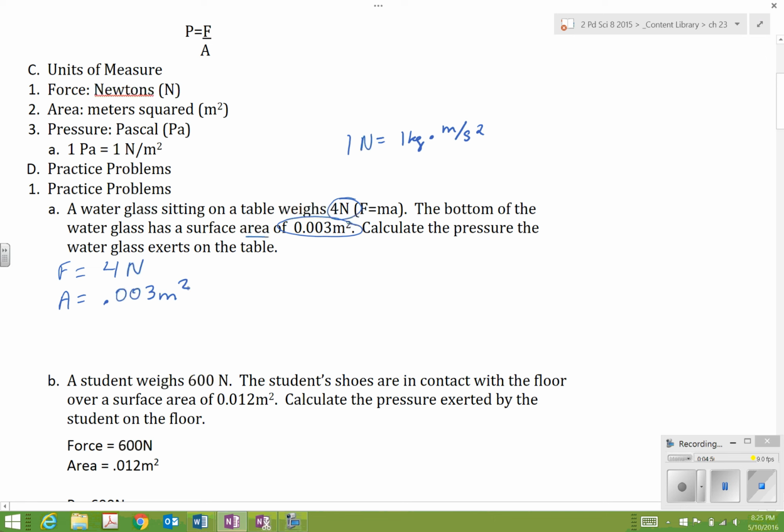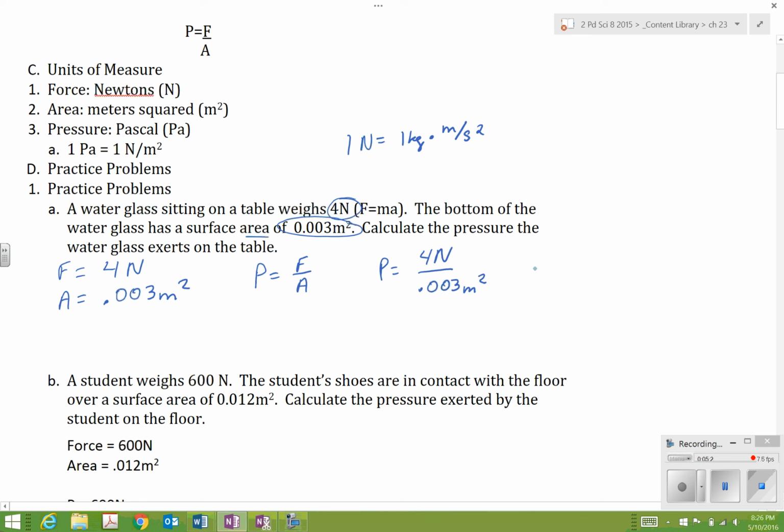Once we identify our given, we have to write our formula. And our formula is pressure equals force over area. We plug in our given, so we're still looking for pressure. Force is 4 newtons, and the area is 0.003 meters squared.